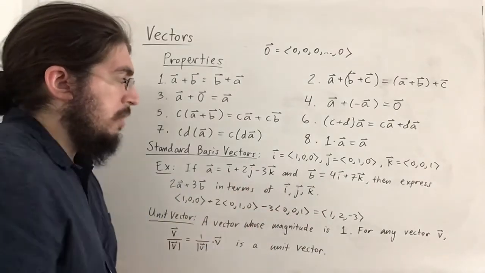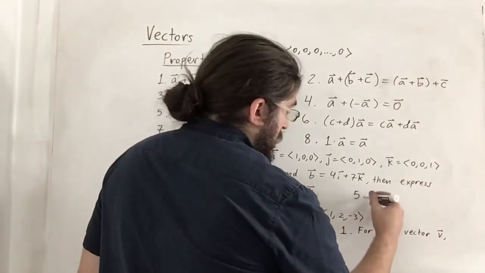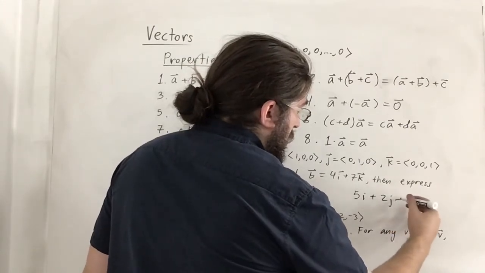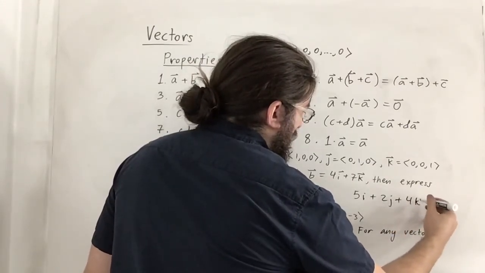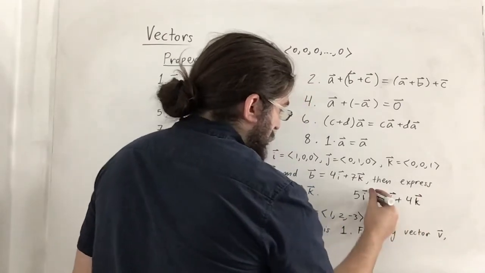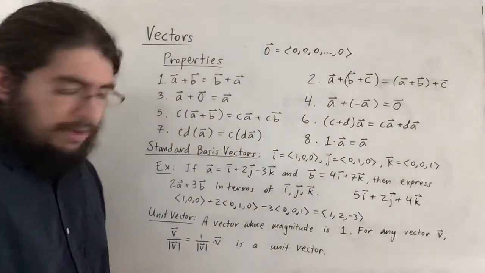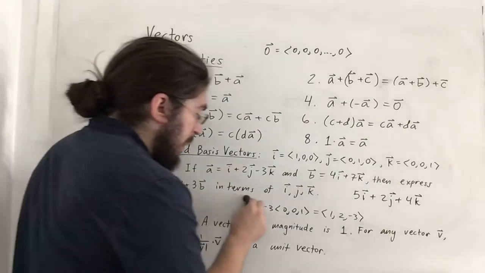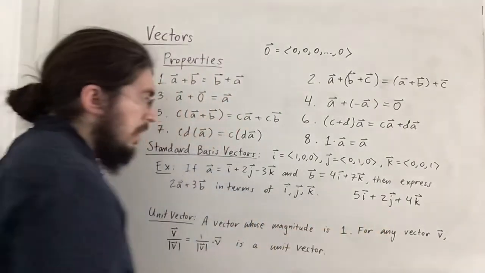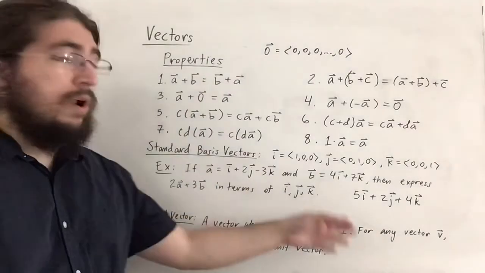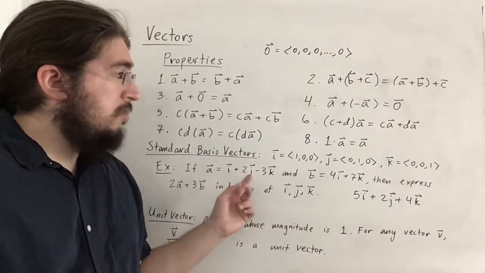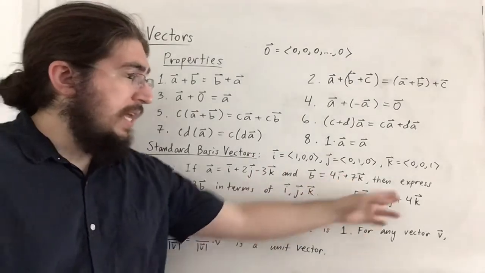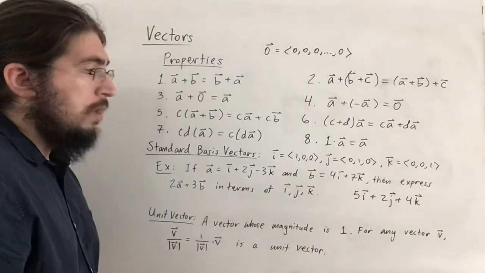So the answer here would just be 5, 2, 4 with i, j, and k, and of course you have to write the vector symbol for each of those i, j, k. I don't think that was too difficult. In fact, we could have just done this by combining like terms. Notice i plus 4i is 5i, 2j plus 0j is 2j, and negative 3k plus 7k is indeed 4k, so this totally makes sense.